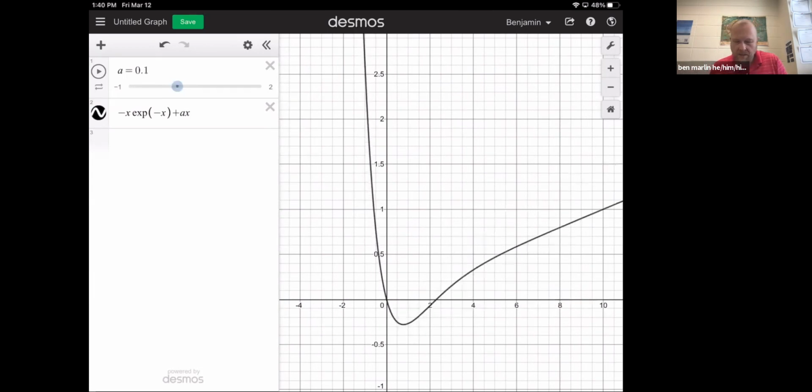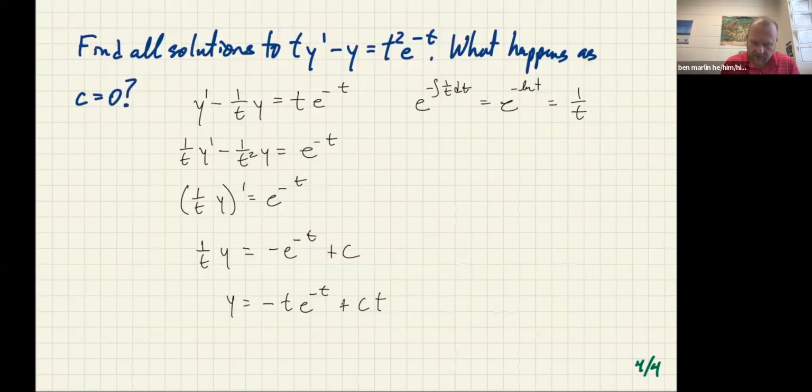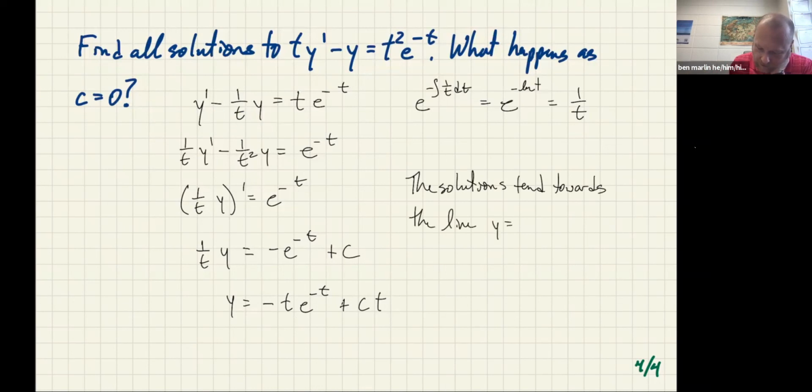But a more complete answer then here might be to go ahead and say that the solutions tend towards the line y equals ct. And the reason really behind that is because right here, as t goes to infinity, that portion is going to go to 0.